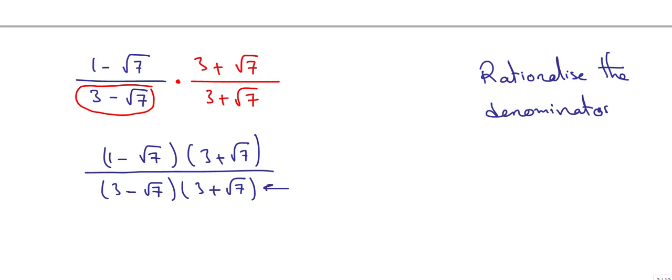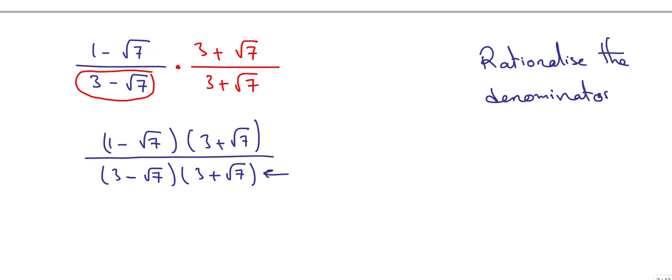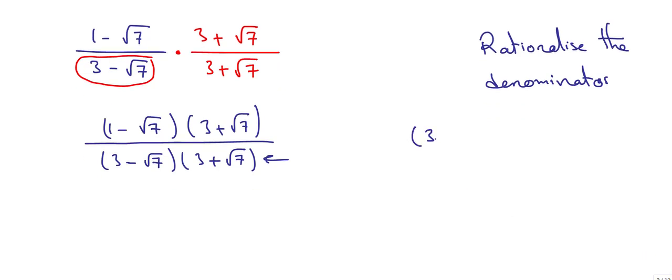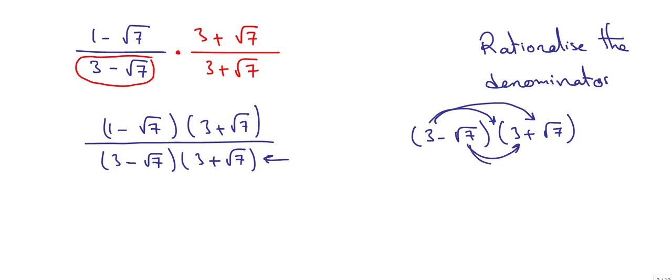I'm talking about the denominator, how to simplify the denominator. The denominator is like this: 3 minus square root 7 and here 3 plus square root 7. Usually, an average student will apply FOIL. They will say 3 times 3, 3 times the radical, then radical times 3, and radical times the radical. This is called FOIL: first, outer, inner, last. Let's do it.